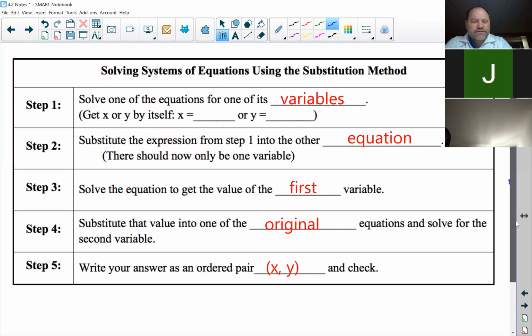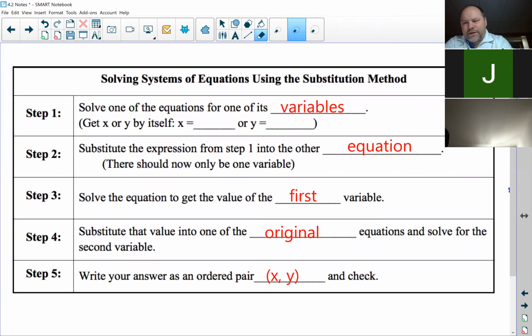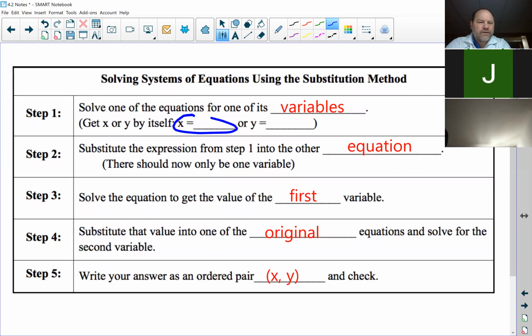I will list this as a 5-step process. So the first thing we need to do is get one of the equations solved for one of the variables. So we either want to have one of our equations as x equals something or y equals something.